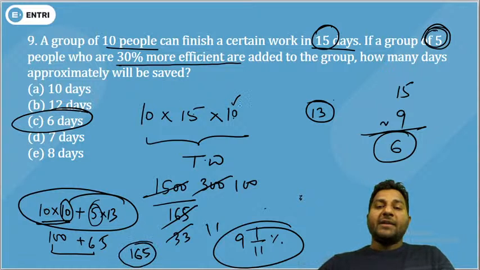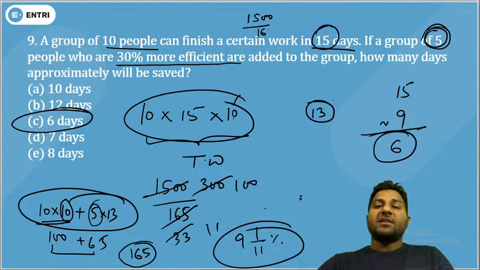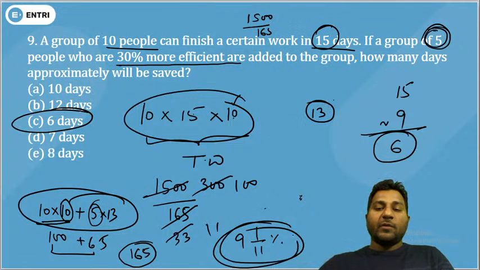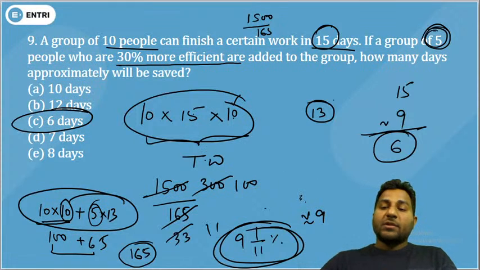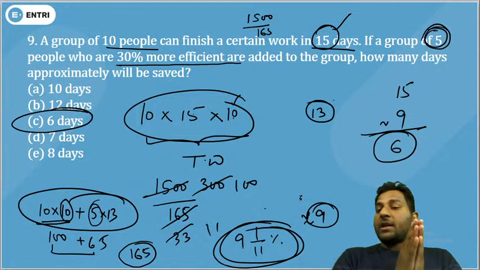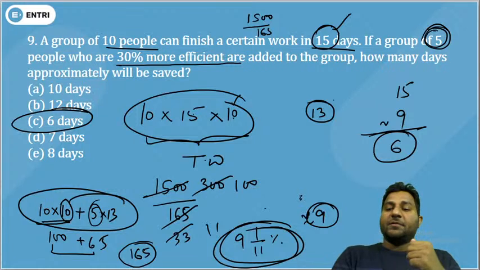So you will divide the total work by the combined 165 efficiency, and you will get 9 whole 1 by 11. That means approximately 9 days. So with the group of 15 members doing the work in 9 days, you have saved 6 days, because earlier you were doing the total work in 15 days. So that's how you understand. All right. Yes, Archana, very good.